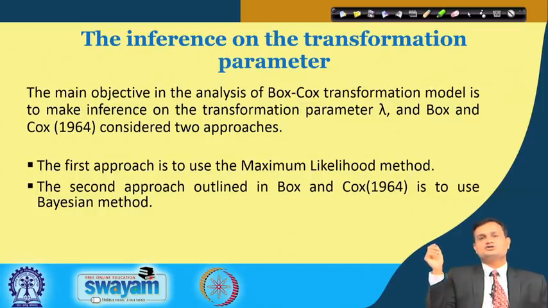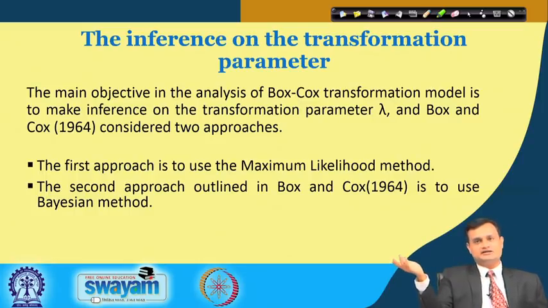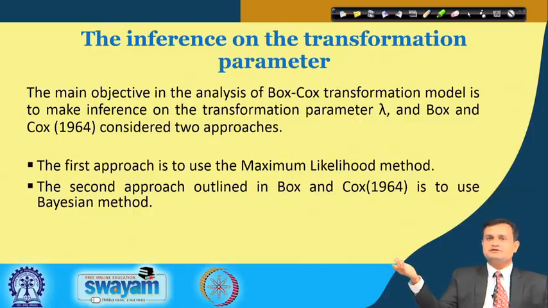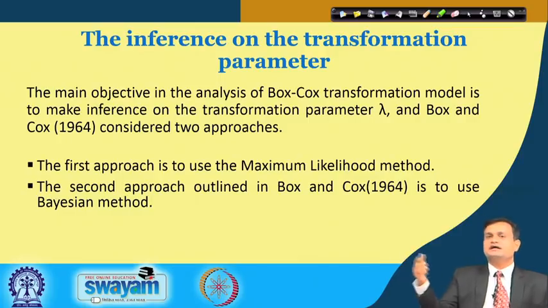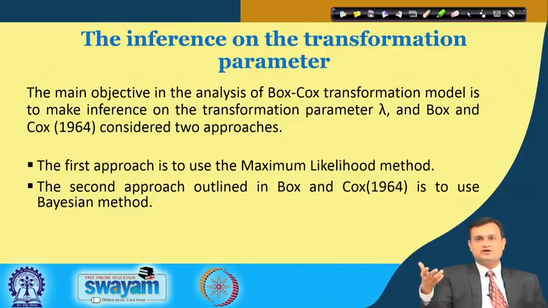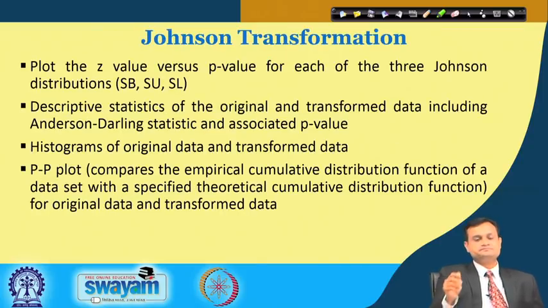Number one is to use the maximum likelihood method. You may have to read a little bit on this. The second approach is to use the Bayesian approach, considering the previous data, the posterior distribution, and you can read a little bit on this to get familiarized with this terminology.